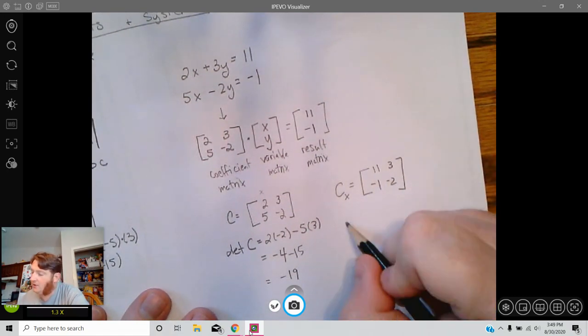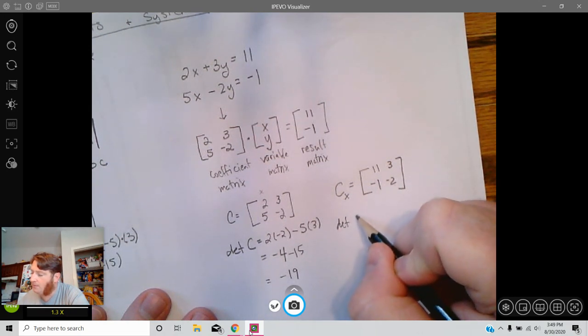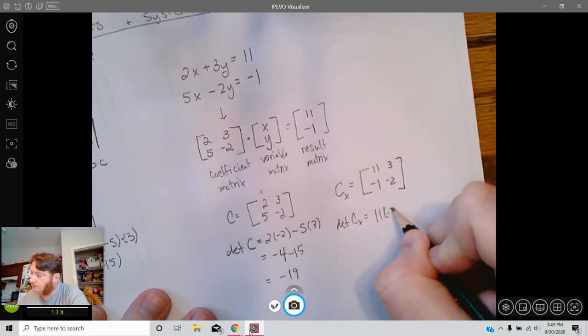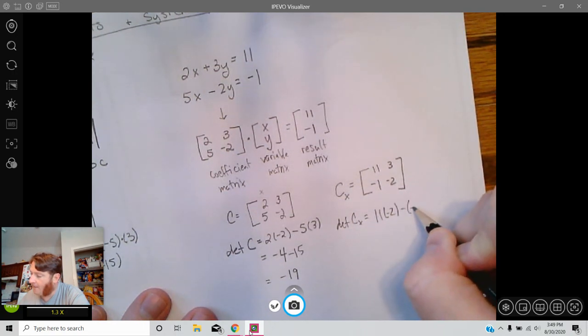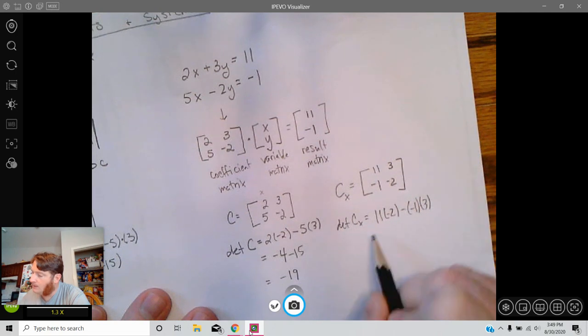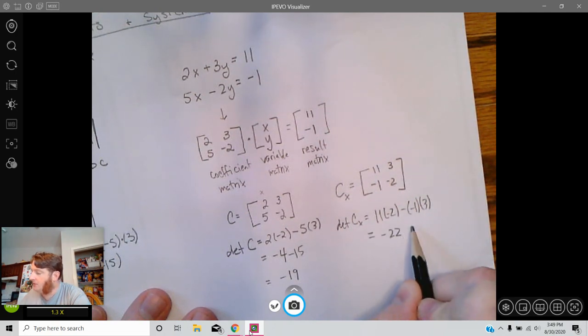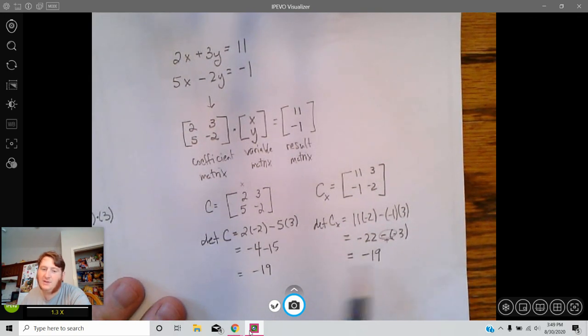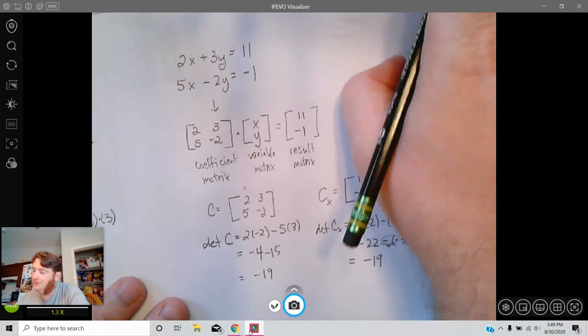And I'm going to find the determinant of that matrix, which is going to be -22 minus -3, which becomes a plus, and -22 plus 3 is -19. It's kind of a coincidence, and you'll see why in a minute, that this is the same number as that number.